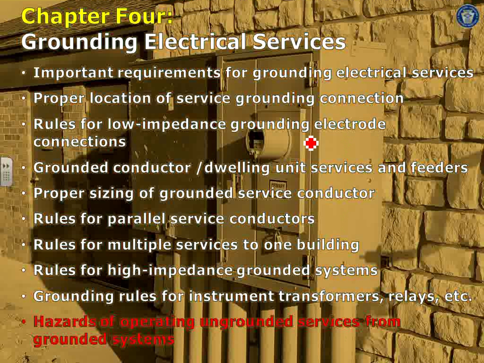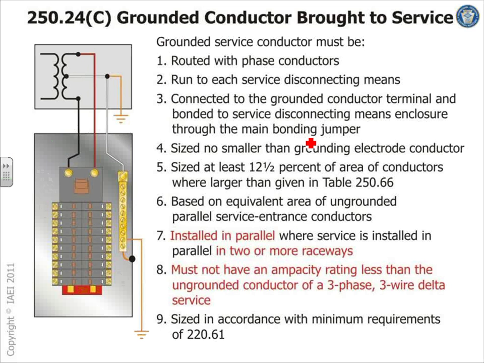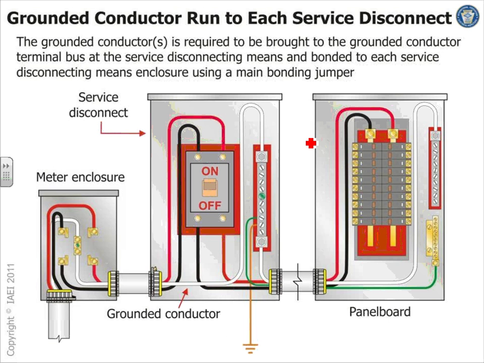Okay, so that's that one. We talked about all this, guys. I summarized all this one for the grounding conductor for you when we sized it. Here's just a couple of interesting things, how you bond the neutral right here. See, bond it to the enclosure.